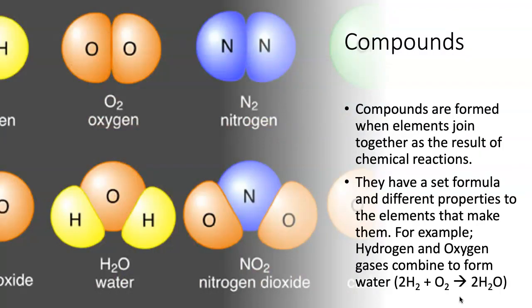So we talked about compounds recently in a video on elements, compounds and mixtures. So when elements join together as a result of a chemical reaction, we form these things we call compounds. So the oxygen you breathe and nitrogen you breathe in all the time, these are compounds of an element.